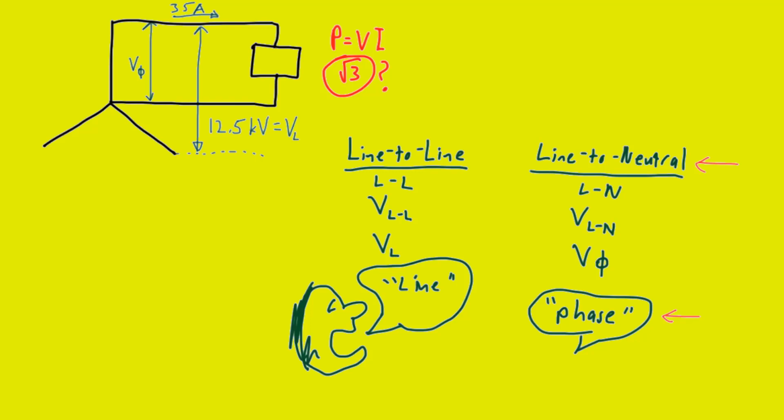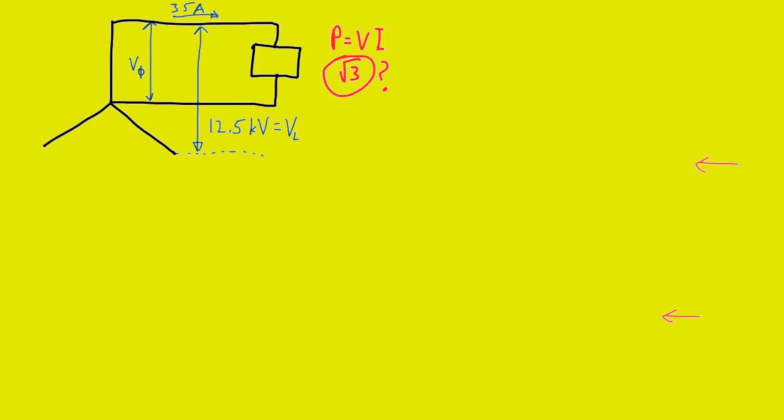So this indicates to us that we must divide by root 3 to get the smaller value. Here, we're moving from large to small. This is the most important thing you can understand about using the root 3 from these videos.